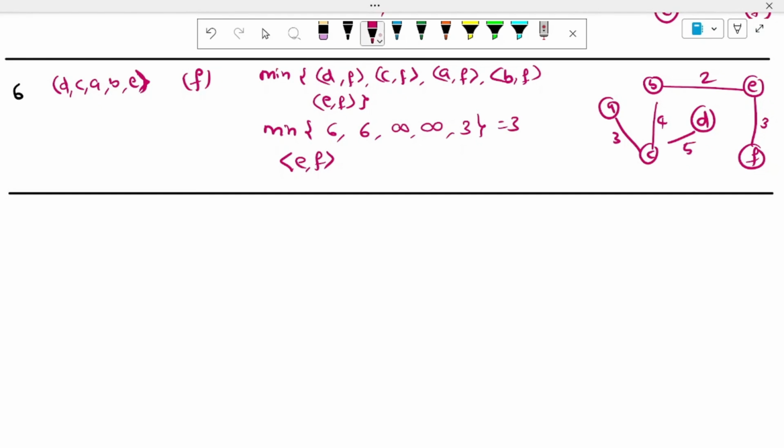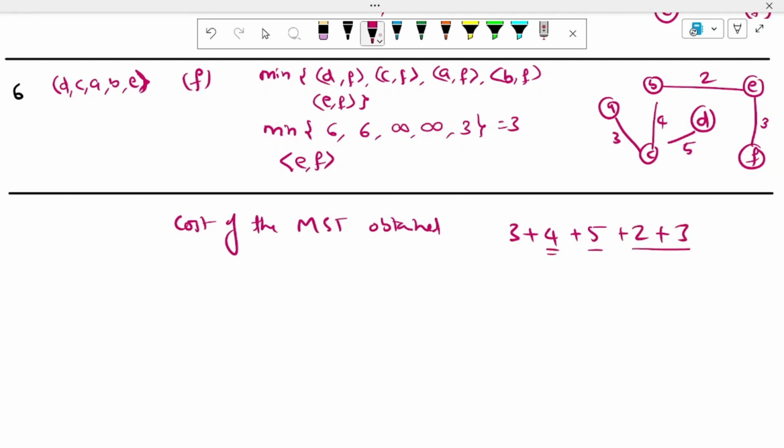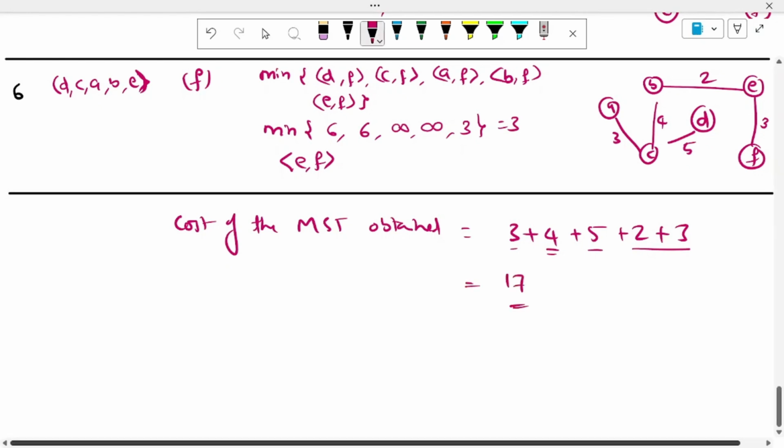Okay, and so if you find the cost of the minimum spanning tree obtained, it is 3 plus 4 plus 5 plus 2 plus 3: 5, 5, 10, 14, and 3 is 17. So this is our answer.